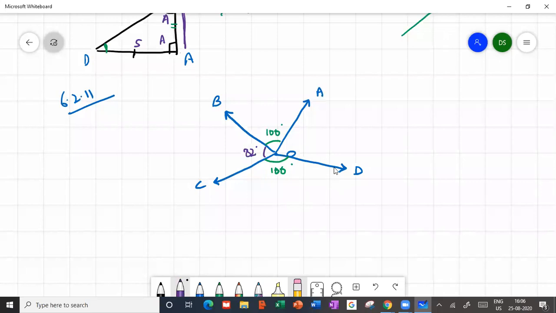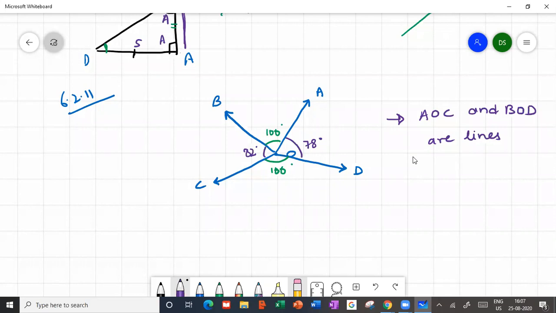So they want to know if AOC and BOD are lines. What is the criteria for saying that they are lines? It should form a straight angle that is 180 degrees.